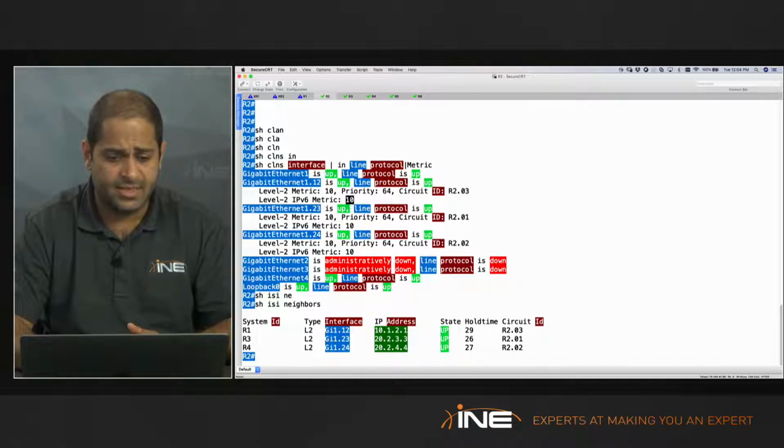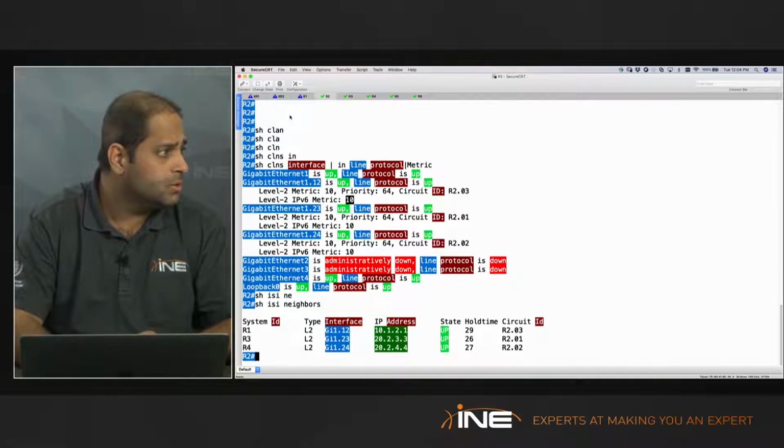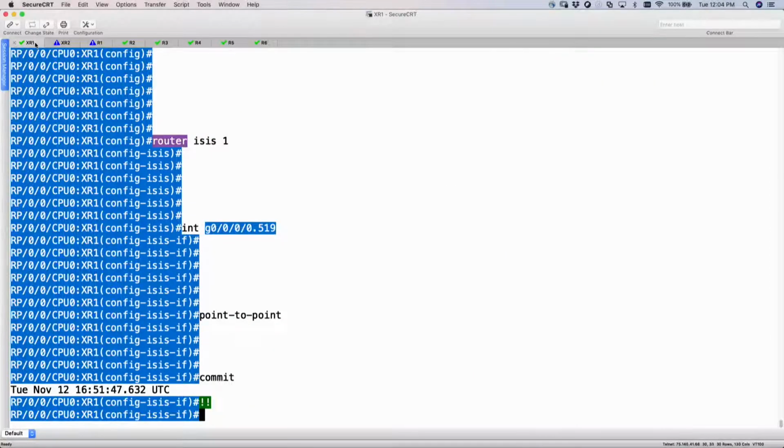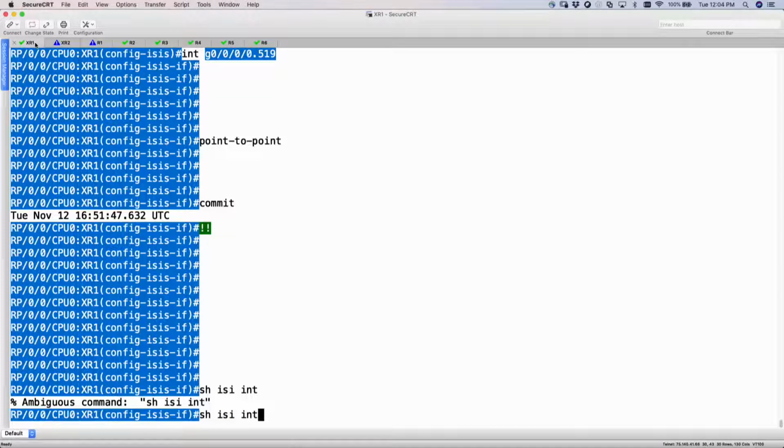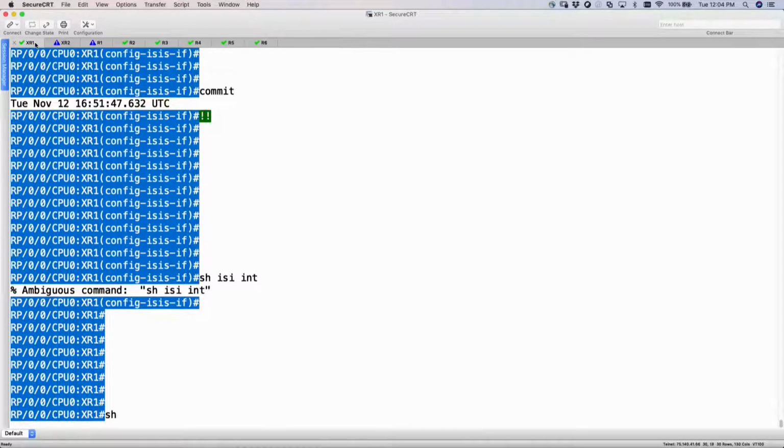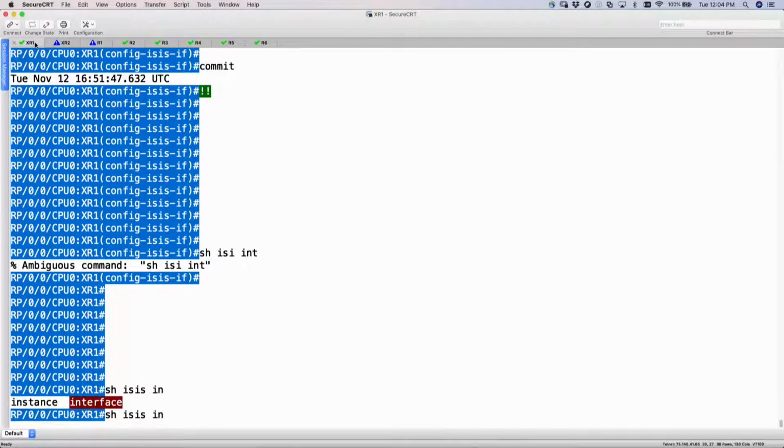You can always look at the same thing on XRV also. Let's check XR1. The command would be the same, show ISIS interface. Let's go back to exec prompt and do a show ISIS interface. And let's do a pipe to include loopback, gig ports, and metric.